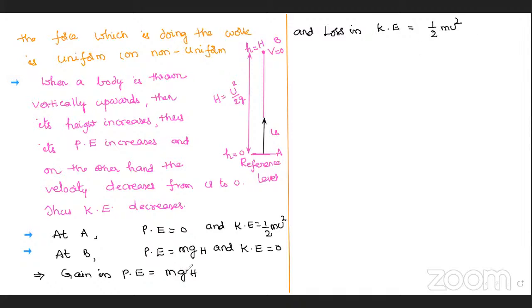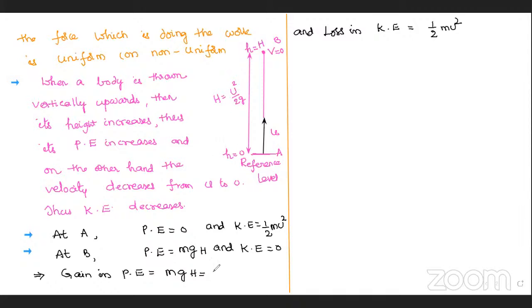Okay. And here, formula wise, if you see, these two do not appear to be equal. But once you check, they are equal. How, sir? mgH is equal to half mu square. Simple, Nana. Just expand this step. How to expand, sir?